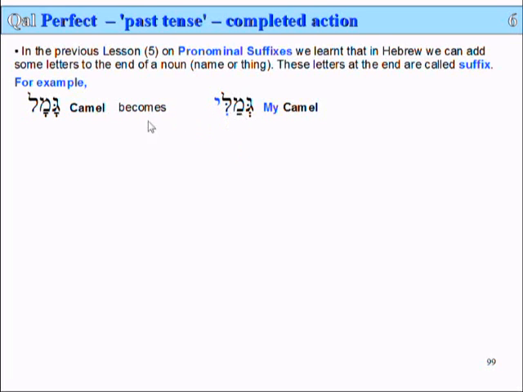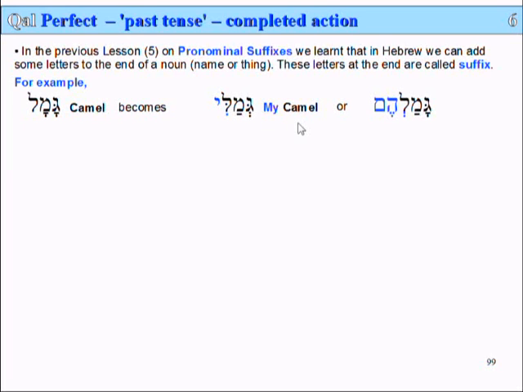Notice the changes to the vowels here, just simply because we're adding another letter. We run the name a little bit differently over the tongue. So gamal becomes gamali, my camel.